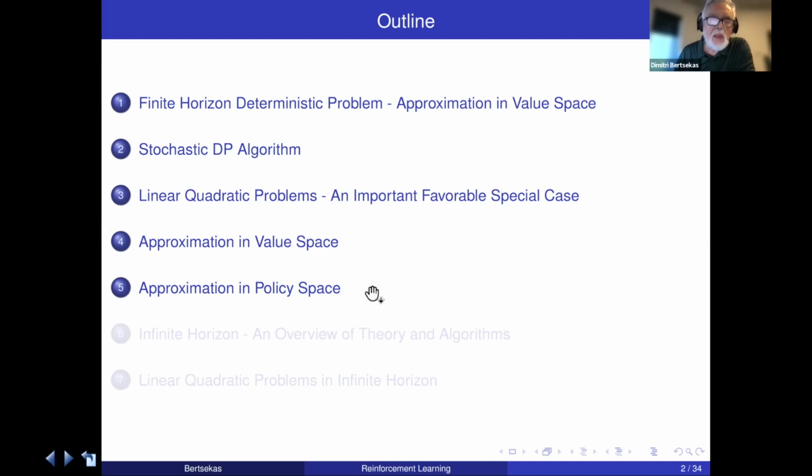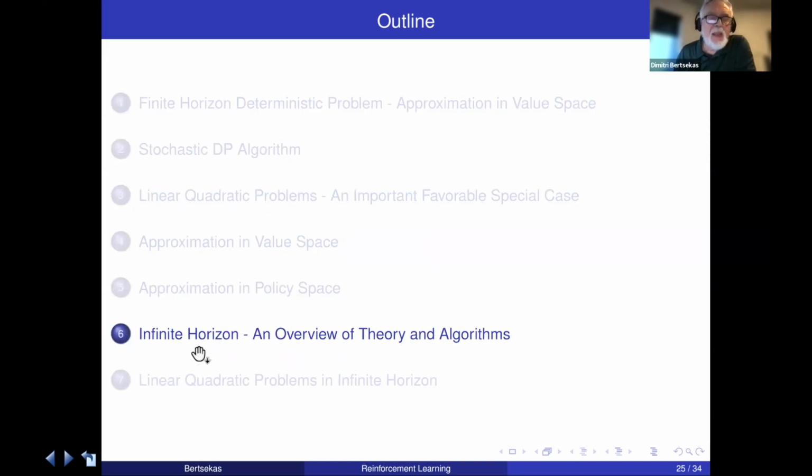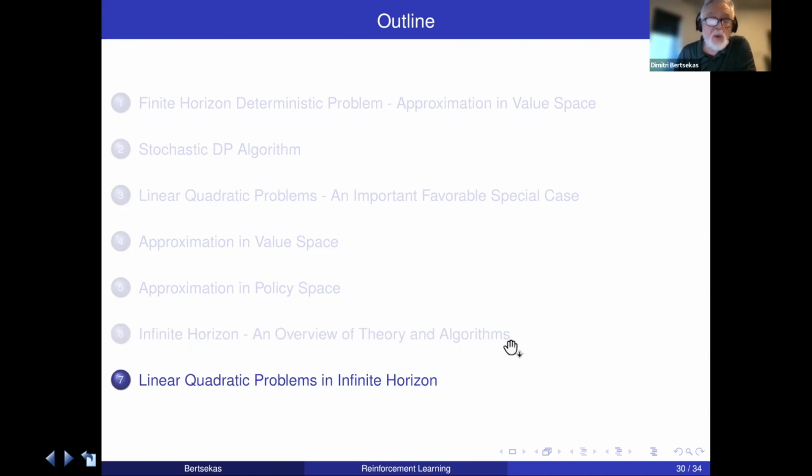We're going to briefly outline the ideas behind it in this lecture, and then near the end of the course, we're going to discuss methods for constructing such approximations. Then we're going to go to infinite horizon problems. We're going to overview their theory and their algorithms, and then discuss the application of the infinite horizon theory to linear quadratic problems in infinite horizon.